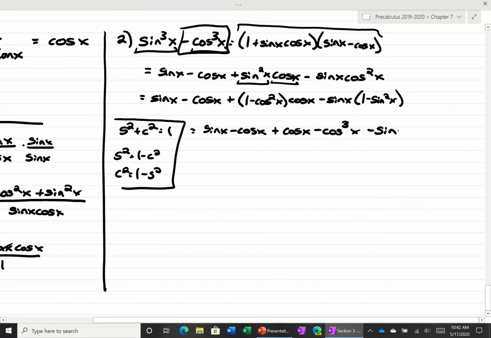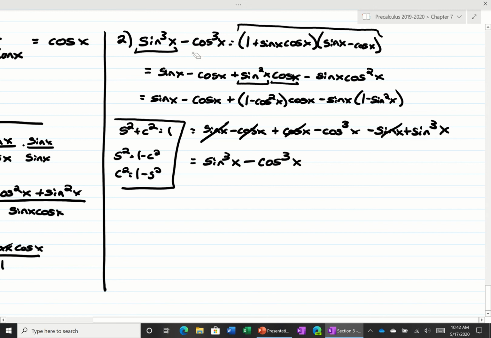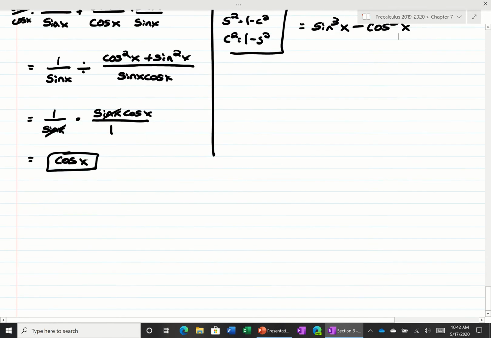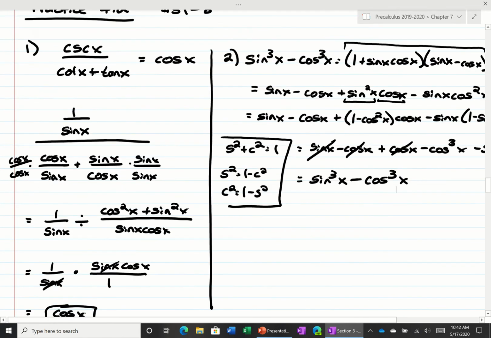Minus the sine of x plus sine to the third of x. So it looks like this sine cancels with this sine, this cosine cancels with this cosine, and we wind up getting exactly what we wanted. That's what the left side was. If you chose the left side to start with and factor that, you can look at my work that I posted.